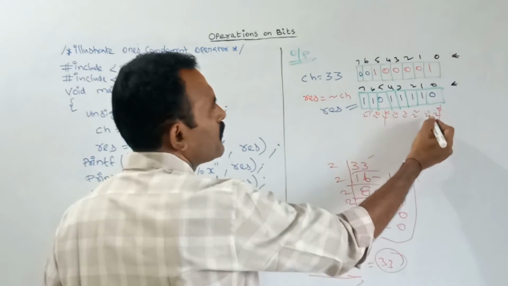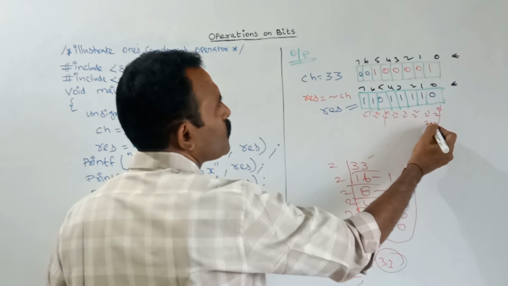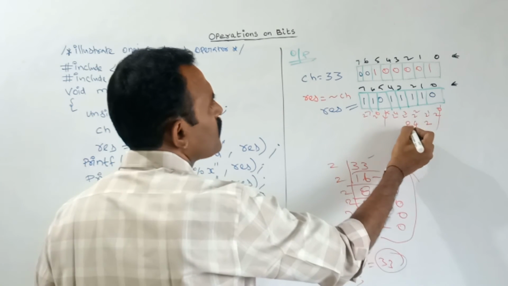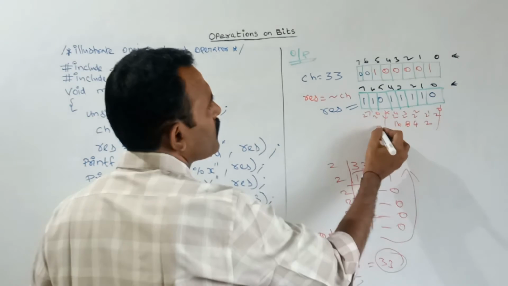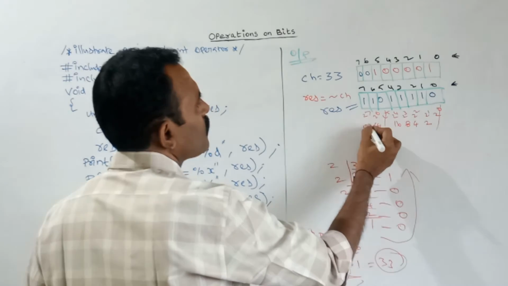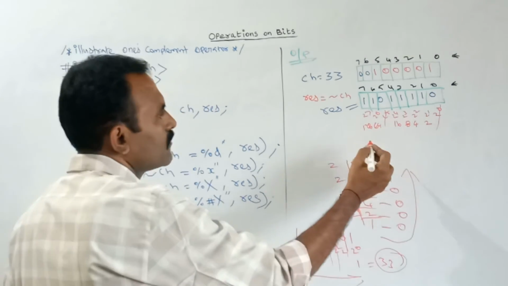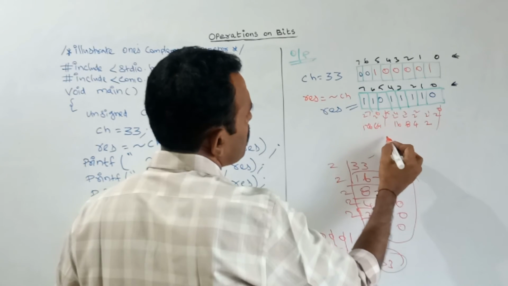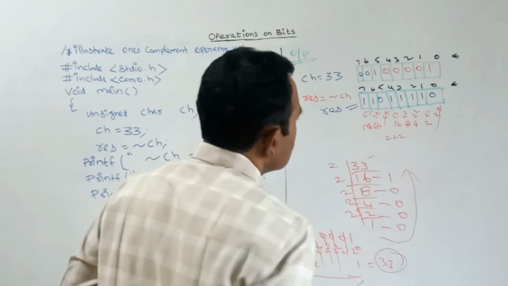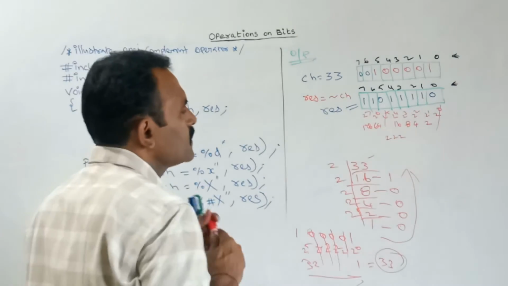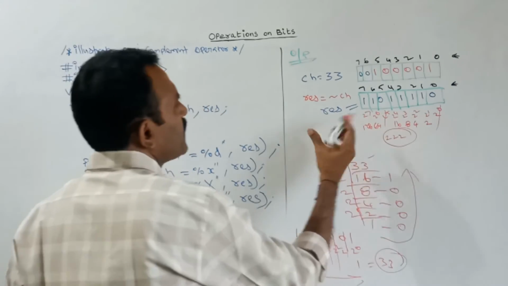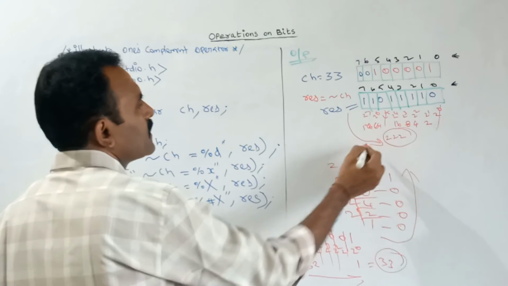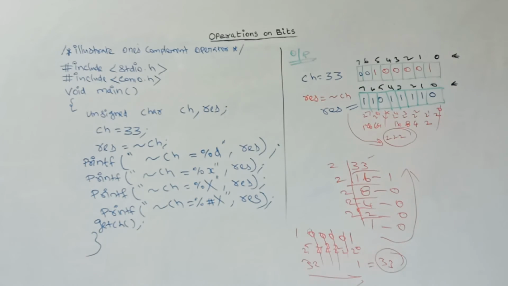Here 2 to the power 1, 2, 4, up to 128. Now you add these numbers. So the answer is 222. In RES, the decimal value will be stored as 222.